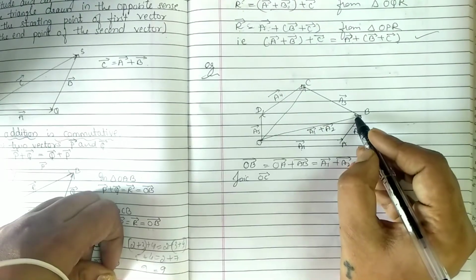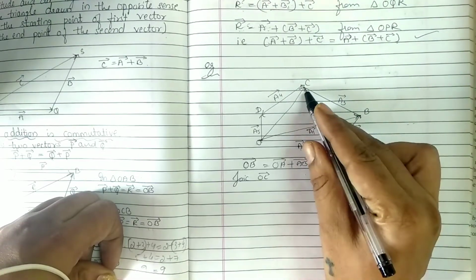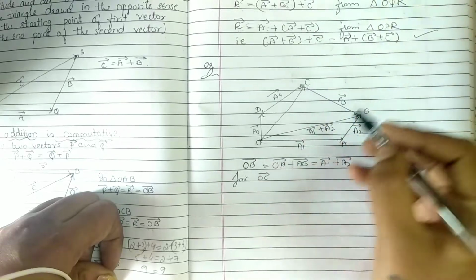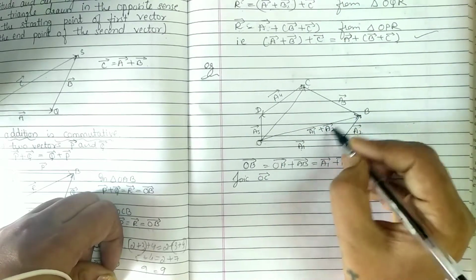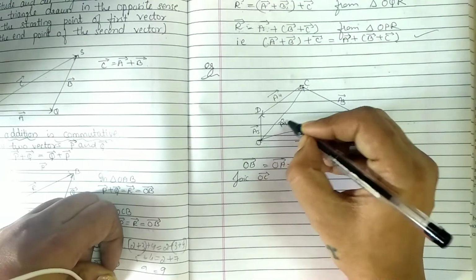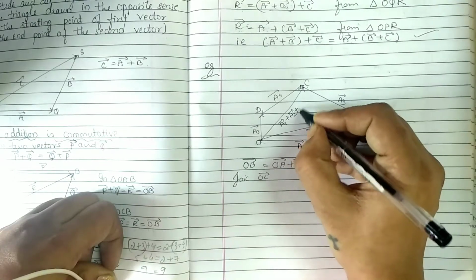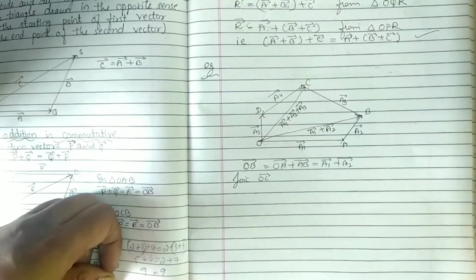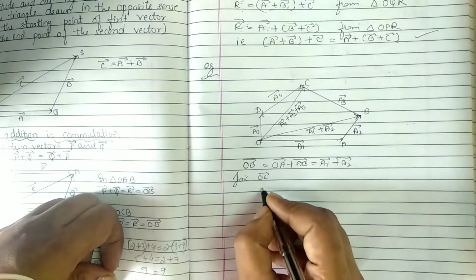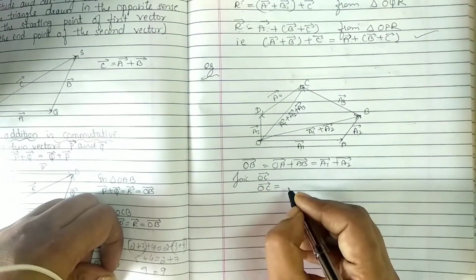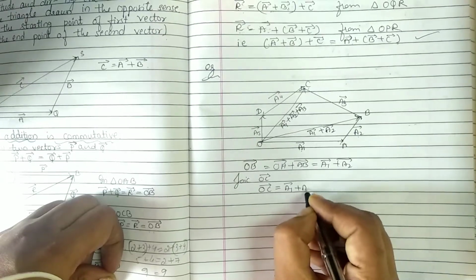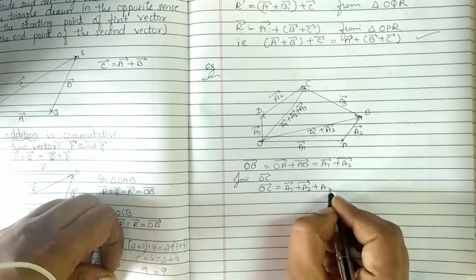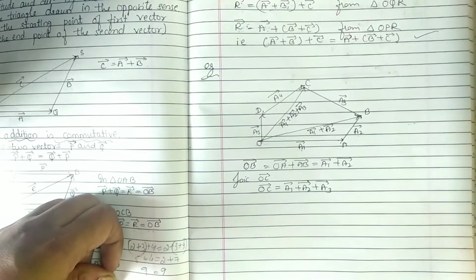See the order: the arrowhead is here, and B to C another arrowhead. So OC will be my resultant, but resultant of what? These two. So can I write this as A1, A2 and A3? The result of A1, A2 and A3 is OC. So how could I write now? OC is equal to A1 plus A2 plus A3 in this case.